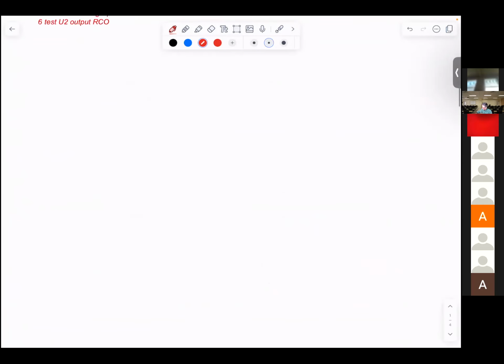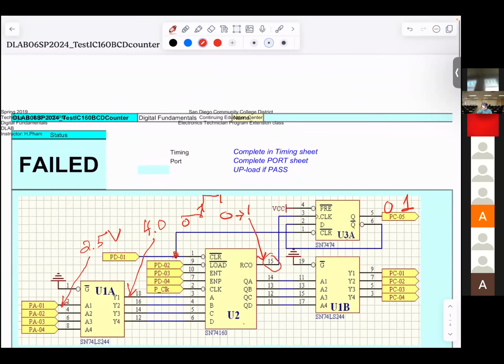And now you're going back into here. If this is a pass, then you can upload this file, okay? And now we'll be ready for you to build the circuitry and code your program. Up until this point, do you have any question?